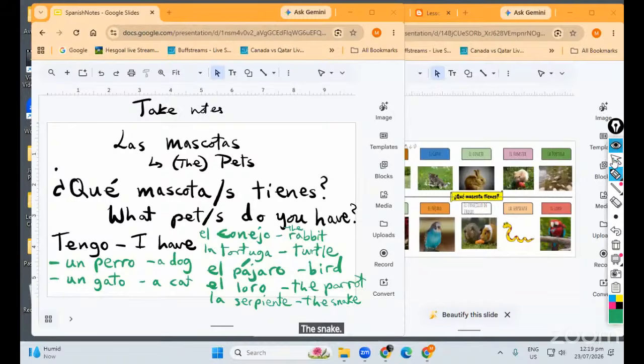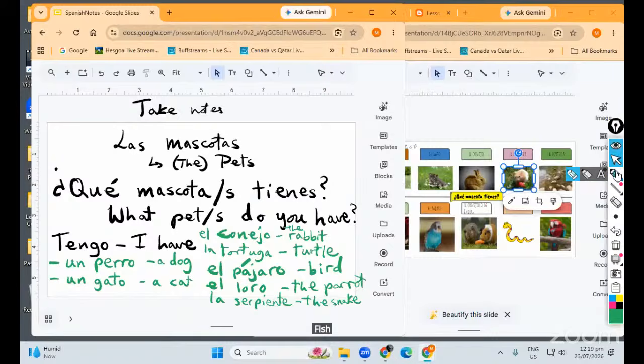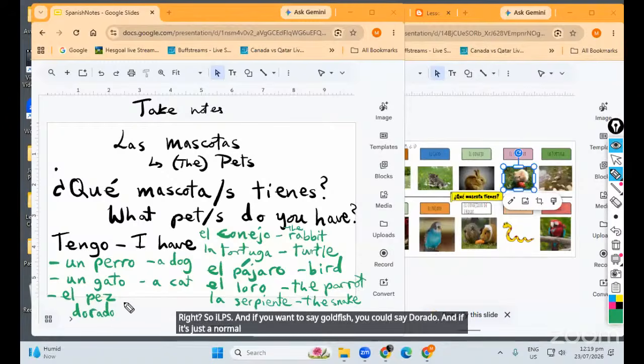Right? All right, what have I left out? Fish. Fish is a popular pet. Right? So el pez. And if you want to say goldfish, you could say dorado. And if it's just a normal fish, not so special as to be gold, just el pez, right? The goldfish.